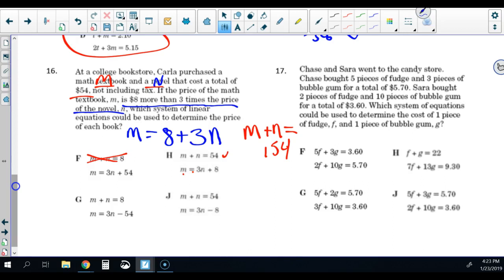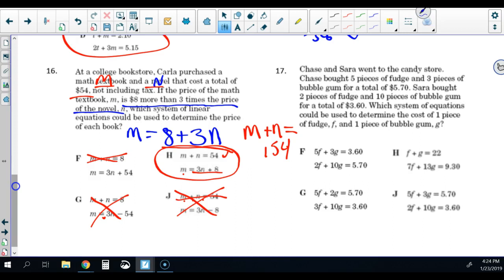Look at the bottom one though. They have 3n plus 8. I had 8 plus 3n. It's a little bit different, but that looks like it's the exact same. You can add in any order. Here we're subtracting 54. That's not going to be anything right. And m plus n equals 54. That's not right. So it's going to be H.